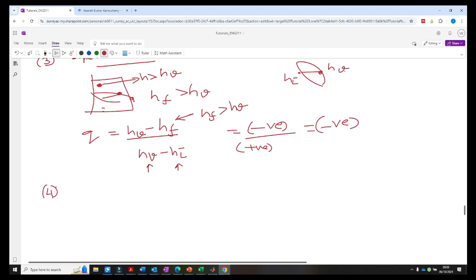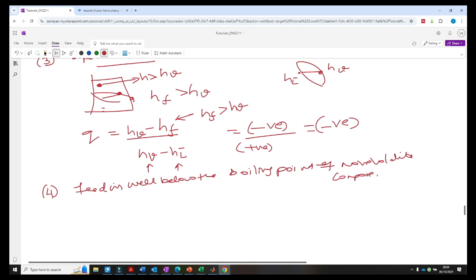Let's go to something else. If the feed is well below the boiling point, this is another extreme case. Well below the boiling point of, say, the more volatile component. My handwriting is not good, but since I'm talking, you should know what I'm saying. So in the TXY diagram, sorry, it's not a great diagram, but you know how the TXY diagram looks. This envelope should range from 0 to 1.